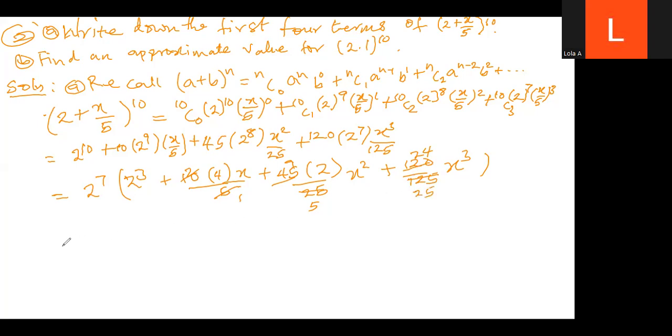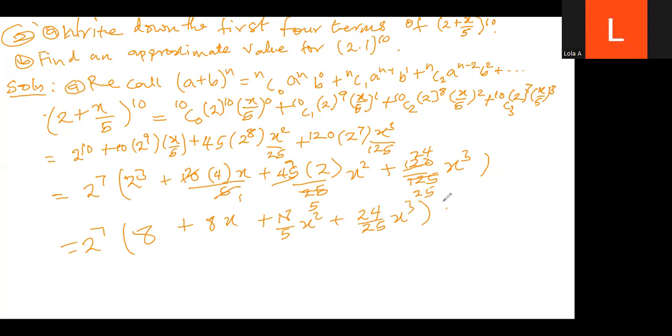So you now have this reduced to 2 raised to power 7 into 8, that's 2 raised to power 3, plus, this is 2, so 2 times 4, 8s, plus 9, 9 times 2 is 18, so this will be 18 over 5 s squared, plus 24 over 25 s cubed.